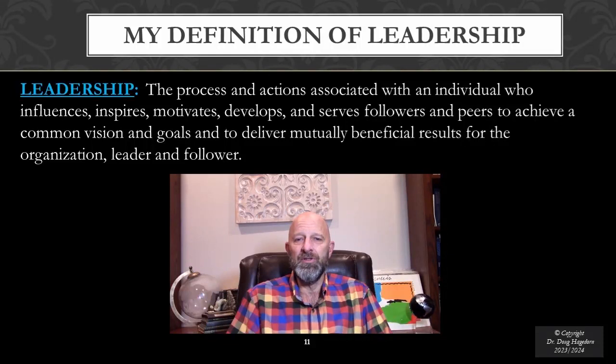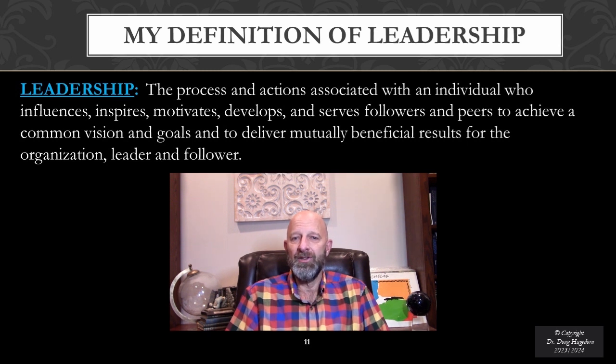And then I used some of those keywords we just talked about: influence, inspiration, motivation, developing, training, learning, growing the talent, and then serving. We'll spend a lot of time on servant leadership, so I included that. And again, I included leadership to include a broader subset of folks other than just followers. I said followers and peers.